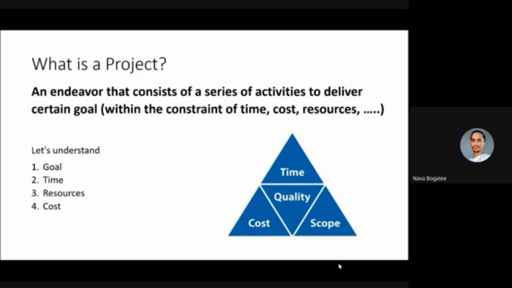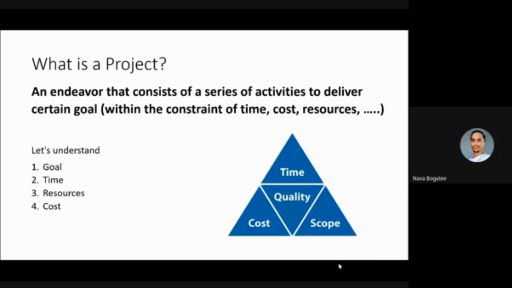If you see the triangle on the right-hand side, there's time, cost, scope, and quality. These are the four basic and crucial constraints of a project. If you have a change in any constraint, it will have an elastic effect on the other constraints. If you have less time, it will impact the cost of the project, or maybe the quality and scope of the project.